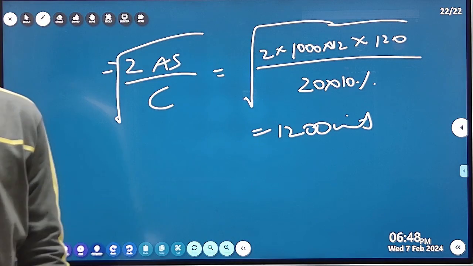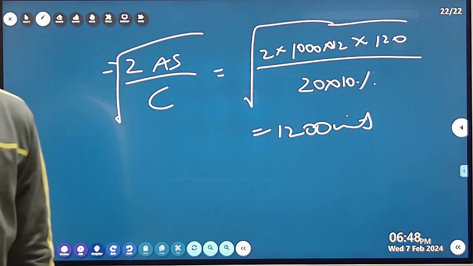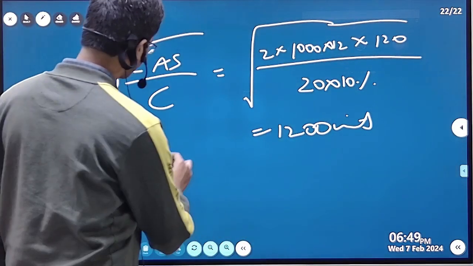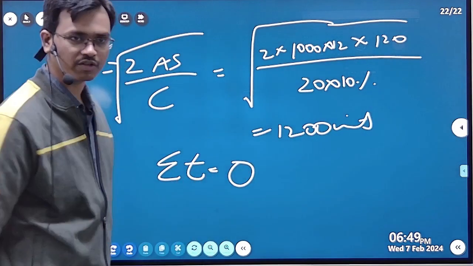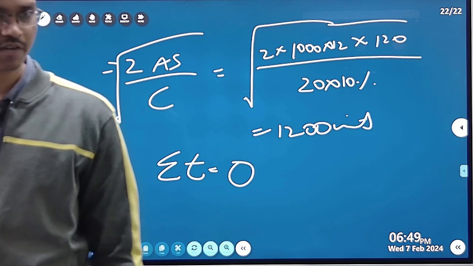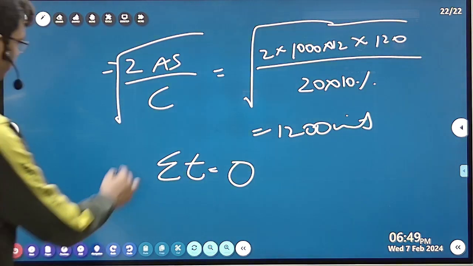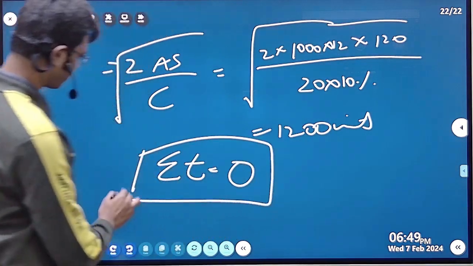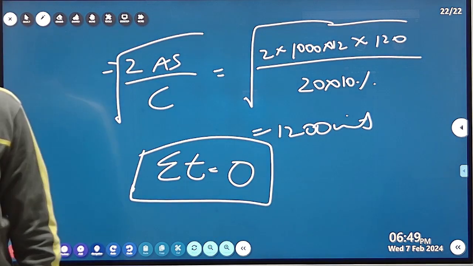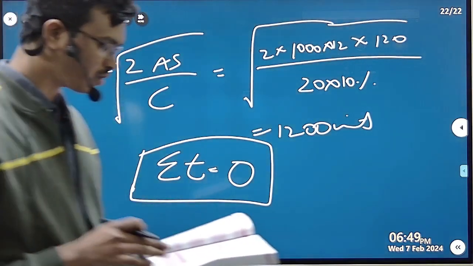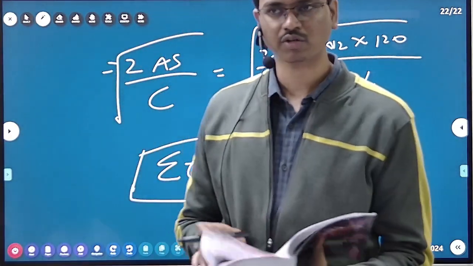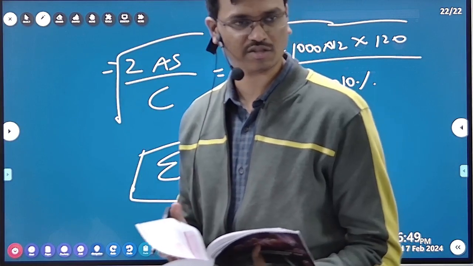Let me see how many of you remember. So in time series, always sigma t equal to 0. The sum of the time is 0. You remember we derived a formula using this assumption. We have got two equations. So this is the same problem. You solve this at home and you let me know what is the answer in the next class. Okay?